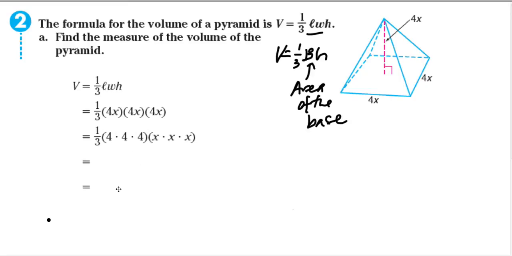Using the commutative and associative properties, put all the 4's together and all the x's together. You now have 1/3 times 4 cubed x cubed. Simplifying further, use exponents first. I'm sorry, that's 1/3 multiplied by the quantity 4x raised to the third power.